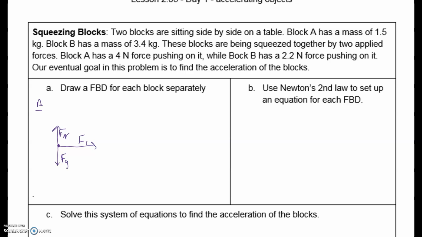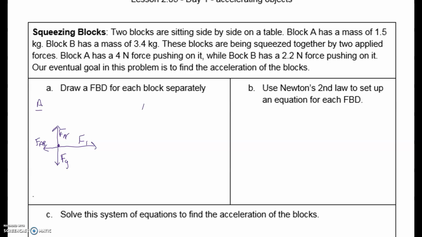So we have the force of block B acting on block A, and that's pushing to the left on this object, because it's pushing back on block A. I'll call that force AB. And that's all the forces going on for our block.